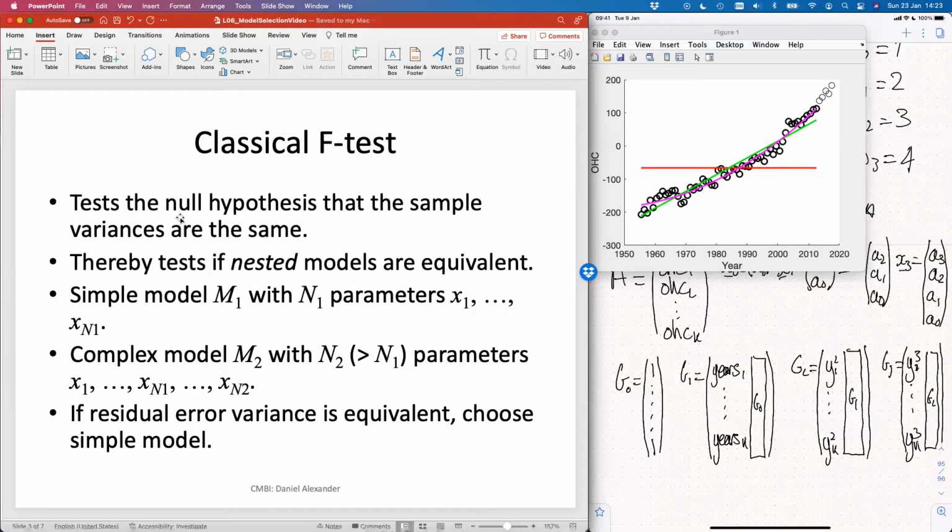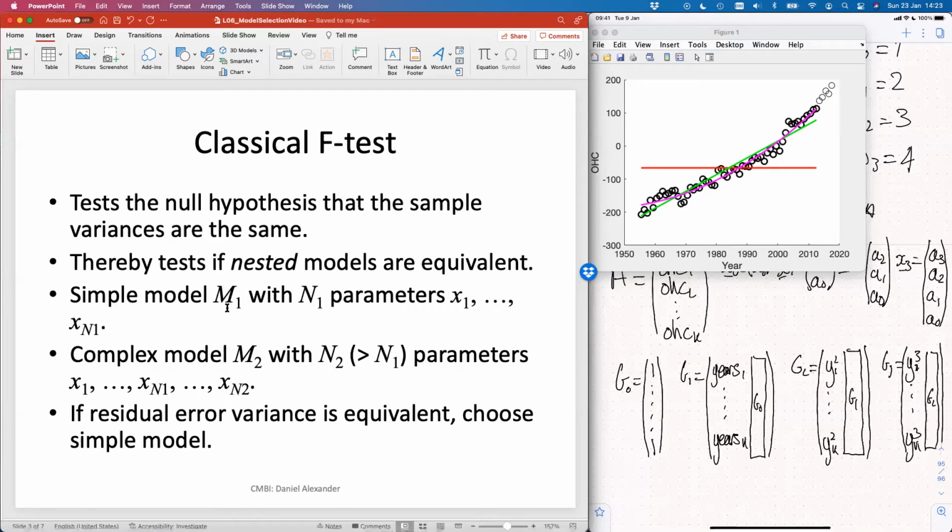So the F-test for model selection only applies when we have what we refer to as nested models. Two models are nested if the more complex of those two models, M2 in this slide, has all of the parameters of the simpler of the two models, M1, plus a few additional ones.